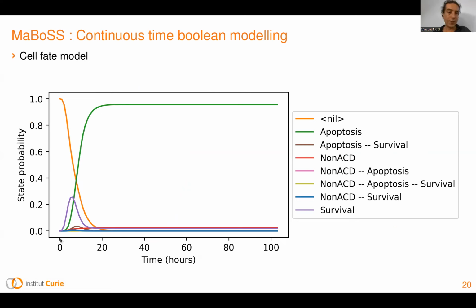And then we activate the TNF treatment, and we can see that we mainly have one transition which will go to activation of apoptosis, which will reach a plateau very quickly of around 90%, like we saw earlier. And then we have a few cells which are red here, which are the necrosis, and a few cells which are purple, which are the resistant cells, which show survival. So we obtain basically the same distribution I showed just earlier.